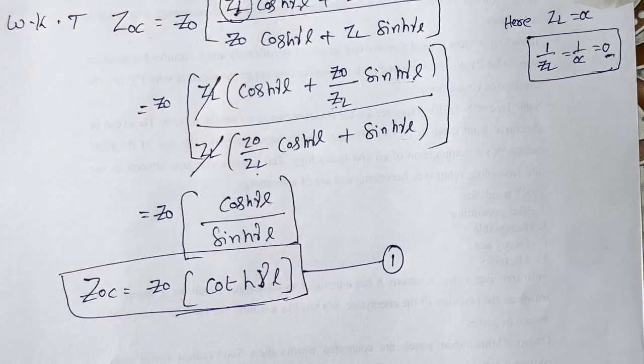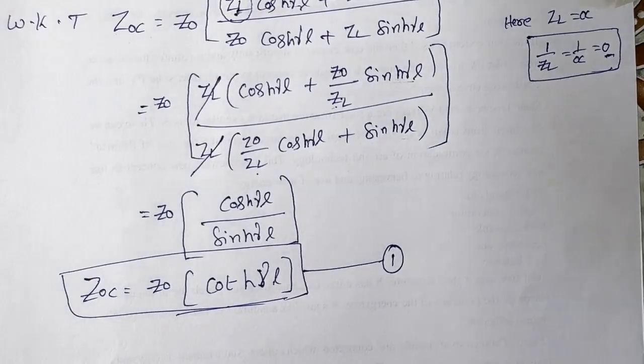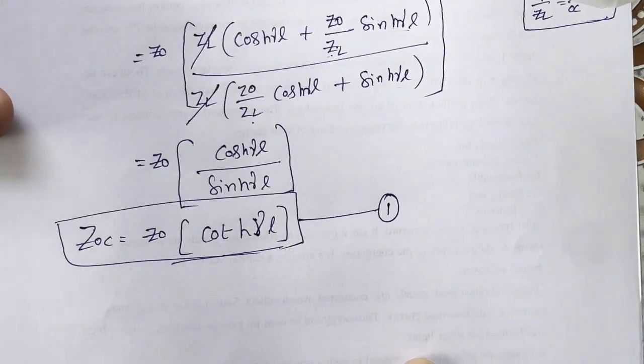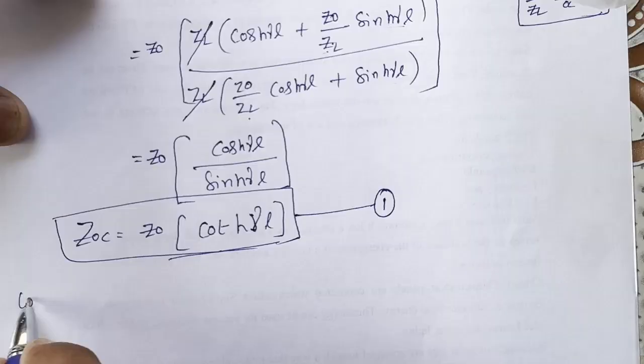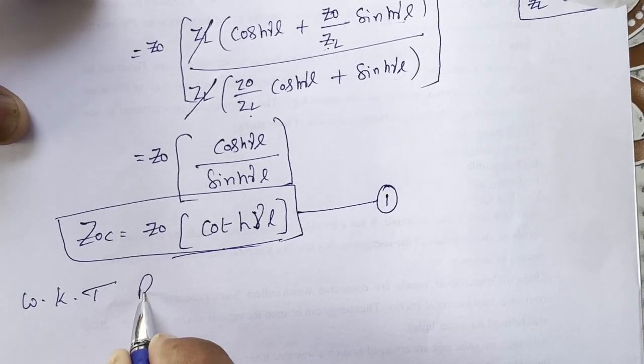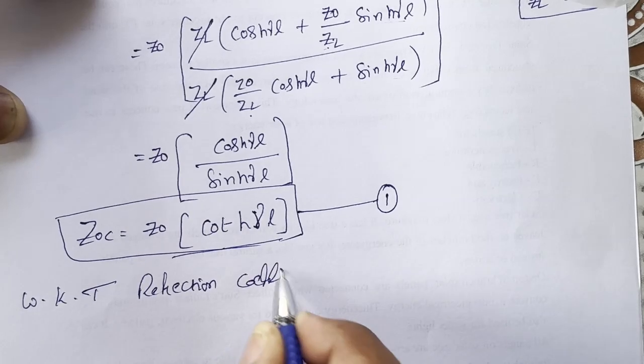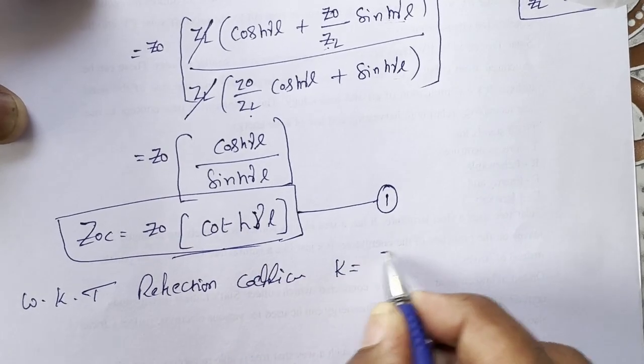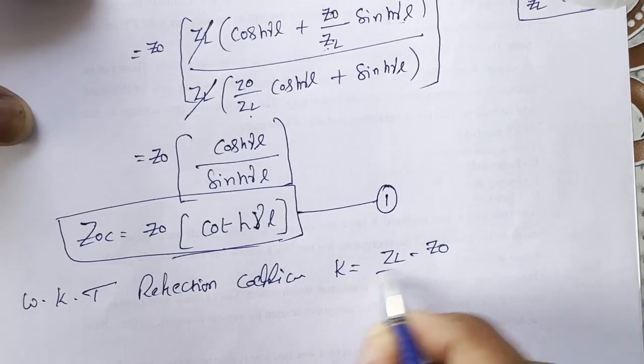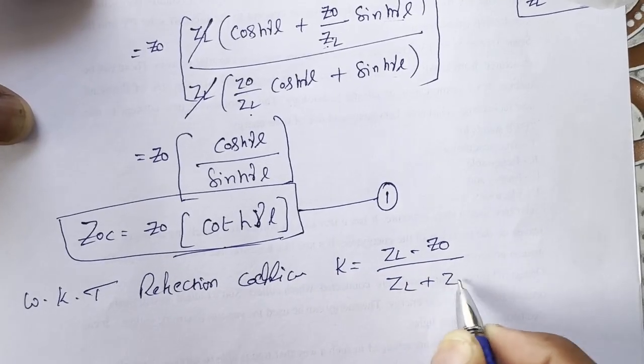Similarly, we have to find the reflection coefficient as well as VSWR. To find the reflection coefficient, we know that reflection coefficient K equals ZL minus Z0 by ZL plus Z0.